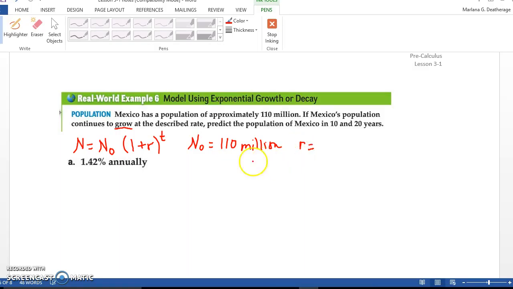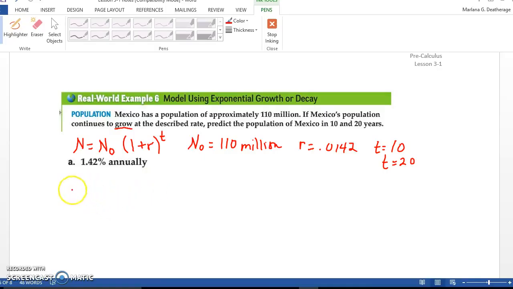What's our rate on part A? Good, 0.0142. And then what is our time? We're going to do t equals 10 and t equals 20. We're going to do both. So let's plug that in.